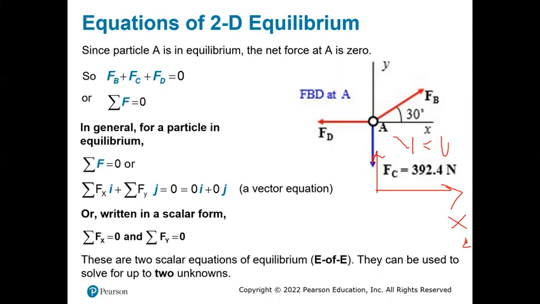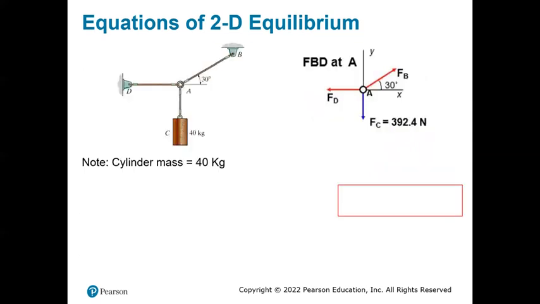So let's look into the equations of 2D equilibrium. Now we have the cylinder and I know the free body diagram. First I'm going to write the equations in scalar form in my horizontal direction. This is where we get the components in x and y direction, which is what we studied in the second class.